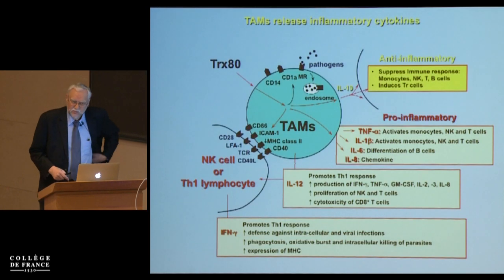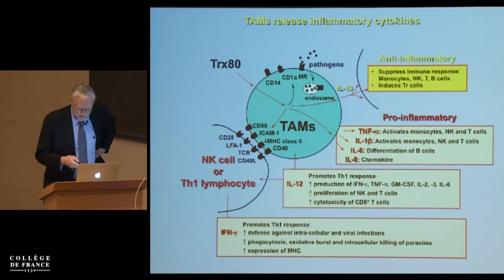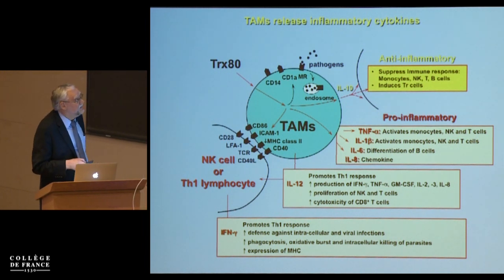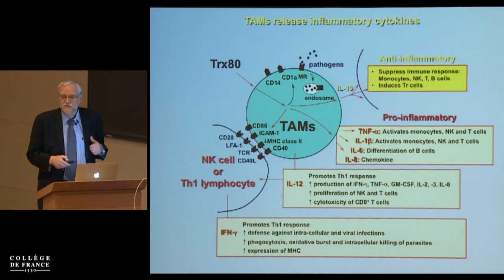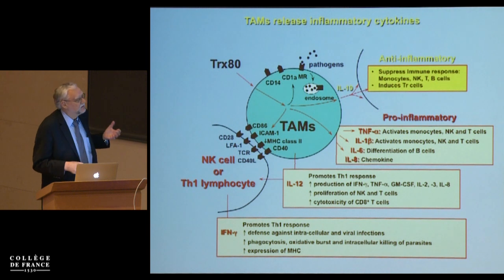This very complicated slide, excuse me for this. The main thing is that the monocytes here, activated by thyrodoxin 80, start to produce pro-inflammatory compounds like IL-12, which in a context of other immune cells starts an immune system, a Th1 immune system.